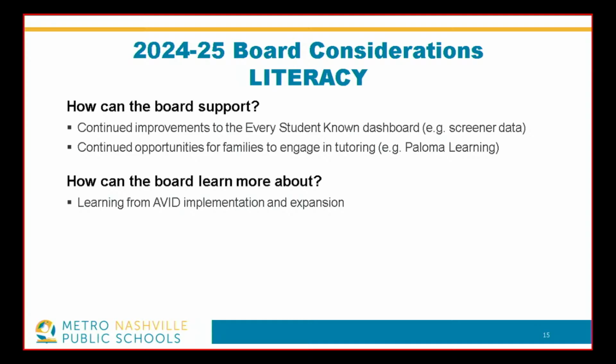But also, board members talked about their own use of the Every Student Known dashboard, and it being a thing that those of us who have students in the system feel is really helpful, and at the same time could always see improvement. So more here around helping parents understand the specifics of what's in there. The district has done some really good explanations, a couple of strong videos for parents to look at there.